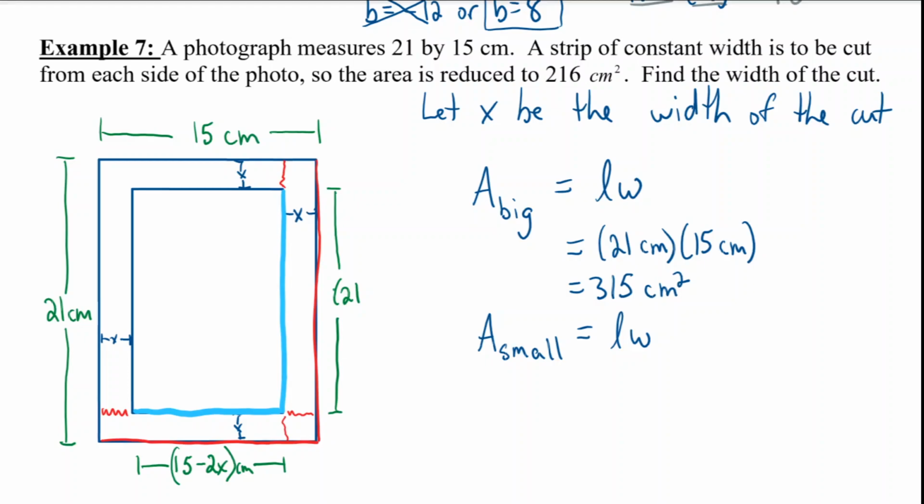So we've taken away, once again, 2x. Taken away x twice. And that's going to be our second value there. So now we can update our equation. We've got our length is 21 minus 2x, and our width is 15 minus 2x.